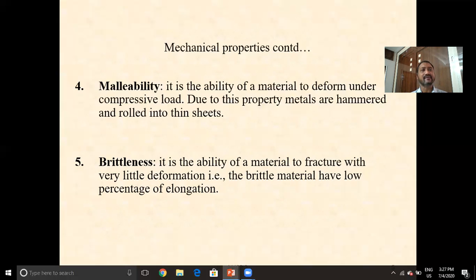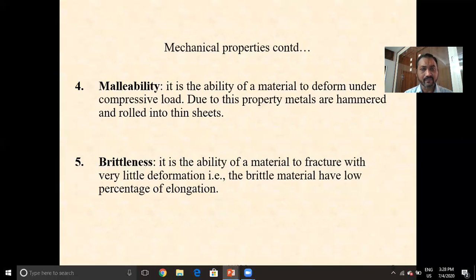Here the material is unable to resist the deformation produced by the force. When it is unable to resist the deformation, automatically the fracture occurs. Due to this property, the material can be fractured into parts without much load. And brittle materials have a low percentage of elongation.